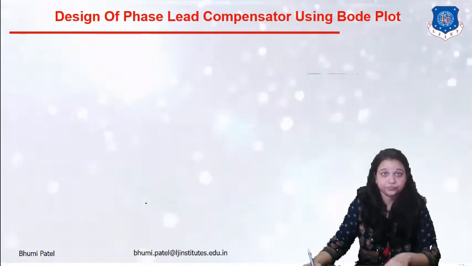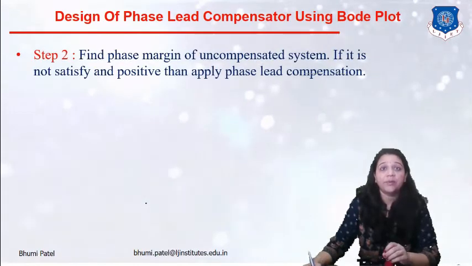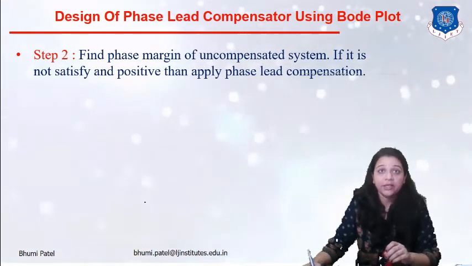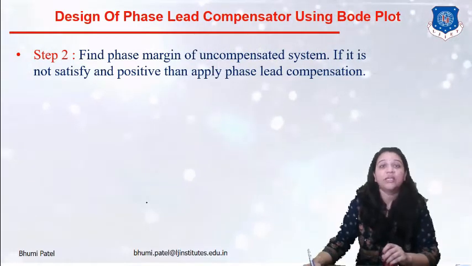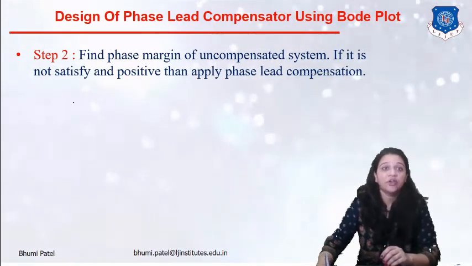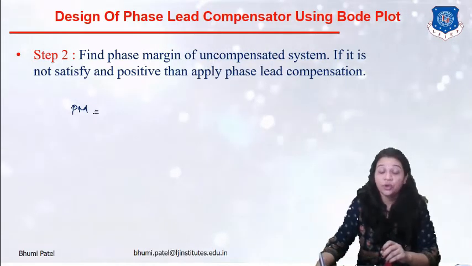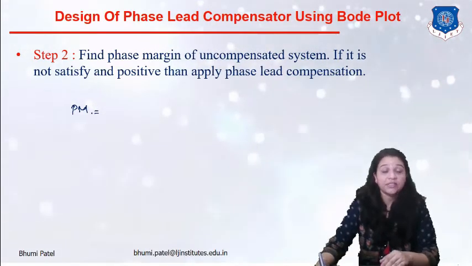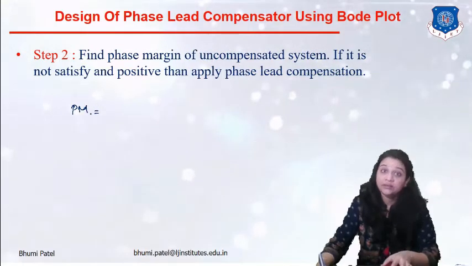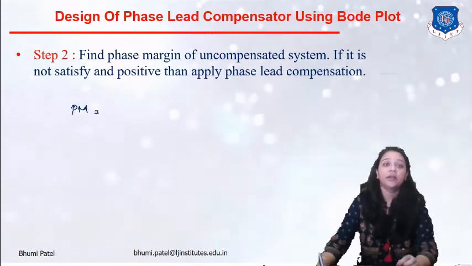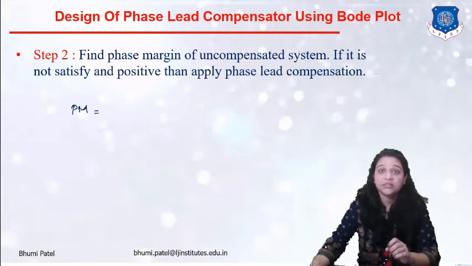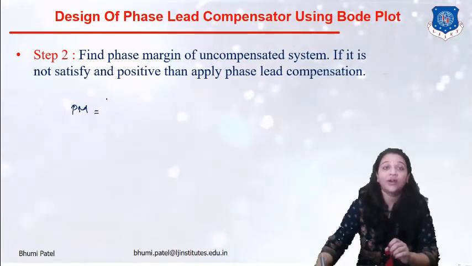Now step number 2: we have to find the phase margin of the uncompensated system. What is the phase margin? It is the angle of the system. If it is not satisfied and positive, then apply the lead compensation. Now what is the positive value of PM?